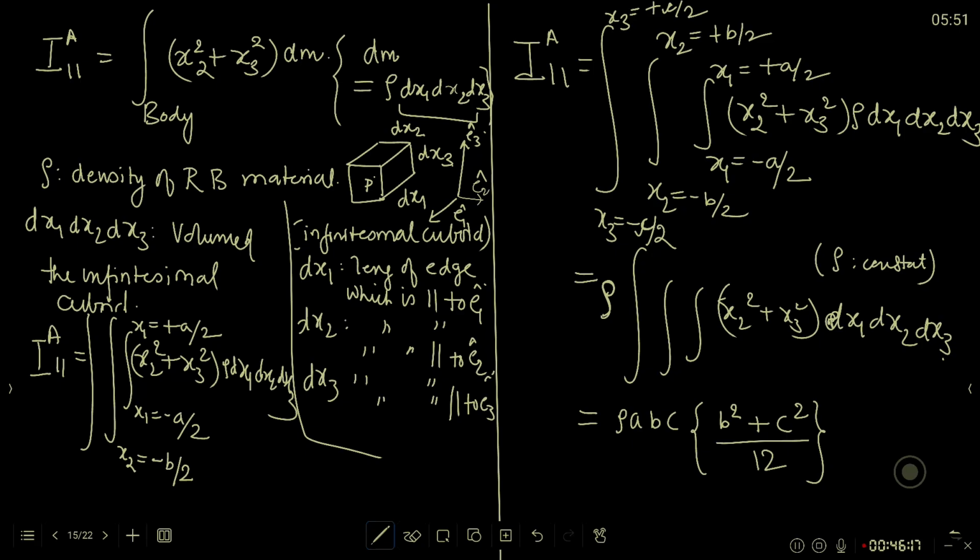But then we realize that abc is nothing but the volume of the cuboid. And rho times abc must be the total mass of the body. So this can be written simply like this.